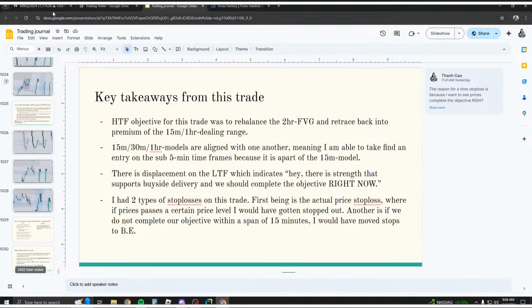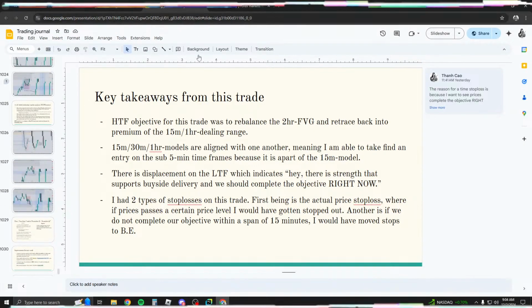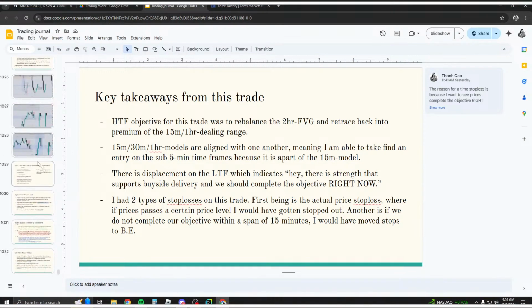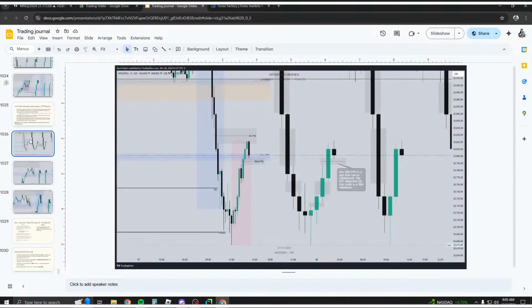But yeah, the second trade that I took that week was the same concept. I'm rebalancing this, so this is a completely different trade here. We're rebalancing a 30-minute fair value gap after trading into an hourly, 30-minute, 15-minute, whatever. The higher time frame objective for this trade was the 30-minute time frame. So like I said, this just shows you the fractality.